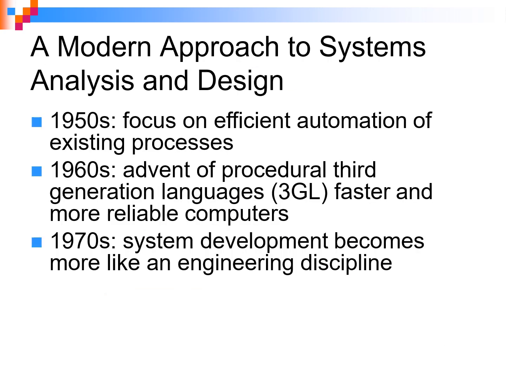Now let's go to a modern approach to system analysis and design. The analysis and design of computer-based information systems began in the 1950s. Since then, the development environment has changed dramatically, driven by organizational needs as well as by rapid changes in the technological capabilities of computers.